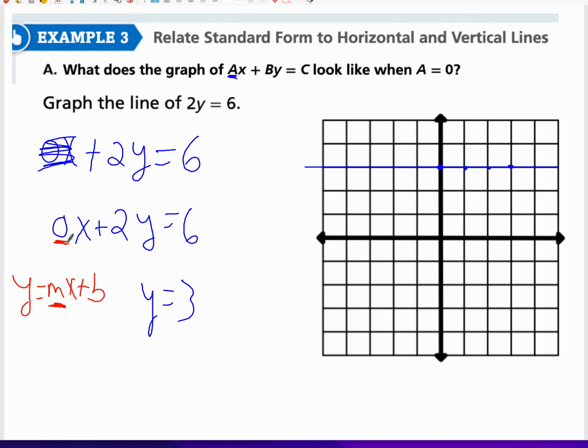Y equals 0x plus 3, so again, the x value goes away, the x value is irrelevant. All we would have is y equals that y-intercept.